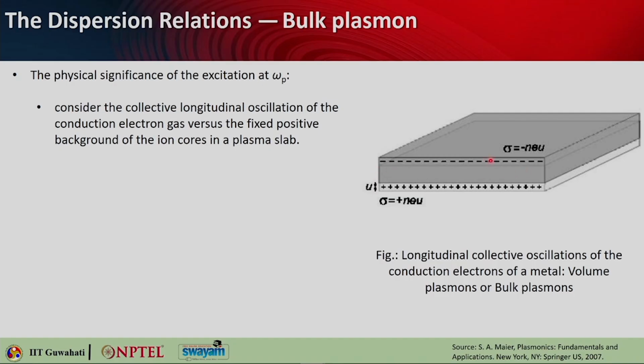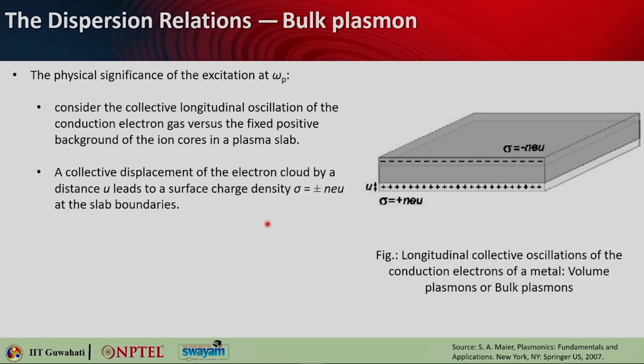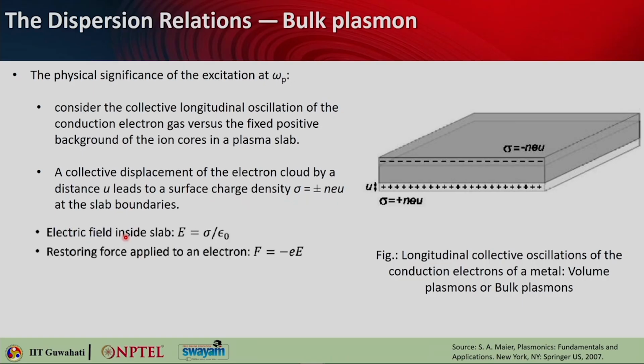So, this kind of slab you can think of, where the electron cloud is displaced by u. In that case, sigma can be the charge density, which you can write as plus or minus n e u. So, a collective displacement of the electron cloud by distance u leads to a surface charge density sigma given as plus or minus n e u at the slab boundaries.